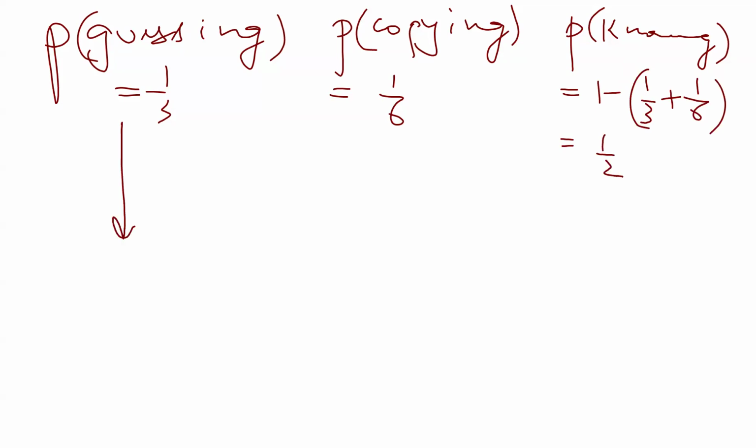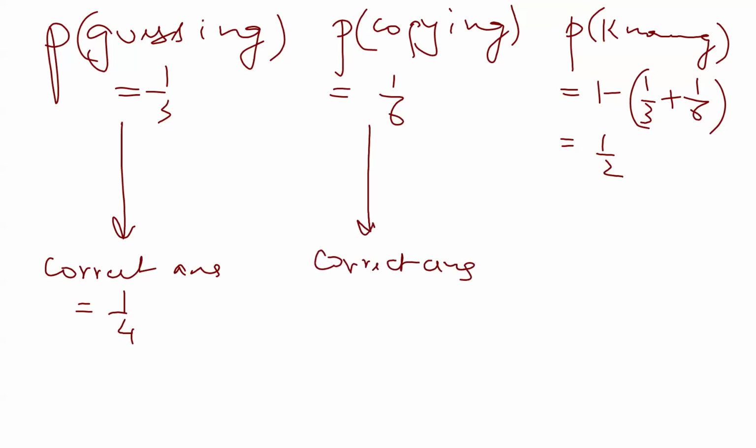Now, by guessing, getting the correct answer is, see, it's an MCQ. There are four options, so one of them has to be correct. So the probability of getting the correct answer is 1 by 4. Correct answer by copying: this is given in the problem. The probability that his answer is correct, provided that he copied, is 1 by 8.